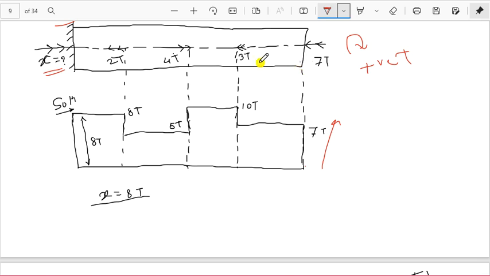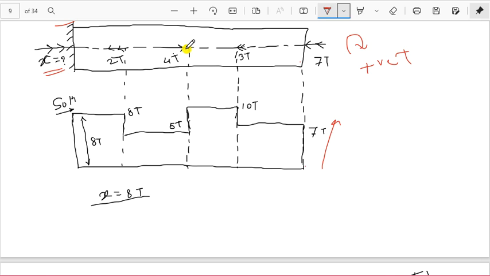Then moving from here to here, there is no other torque, so we will just draw a straight line. After reaching here, there is again a torque T which is also in clockwise direction, so we will add 3T into 70, we will get 10T. Again there is no torque while going from right to left till this point.